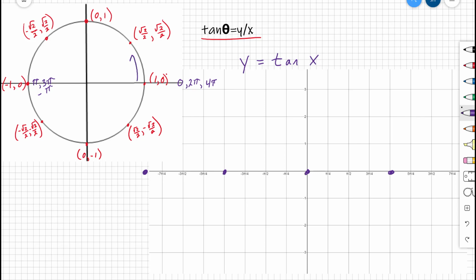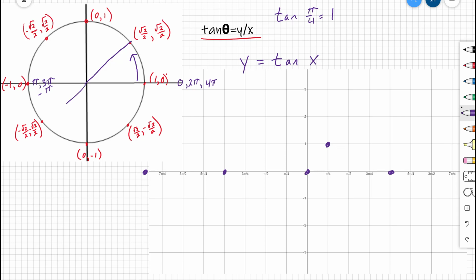As we go around, at pi over 4, we have the same value for x and y. So tangent of pi over 4 is going to be the square root of 2 over 2 divided by the square root of 2 over 2, which is just going to be 1. That tells us that at pi over 4, our tangent value will be 1. And that goes for every multiple of 2 pi above and below.